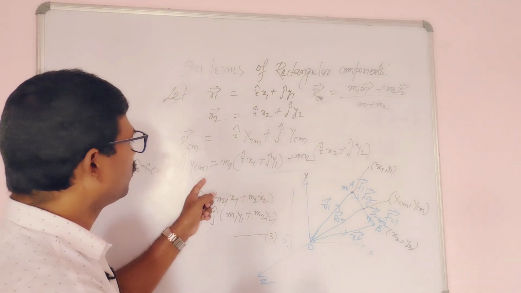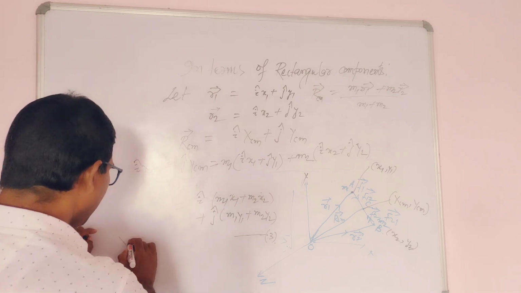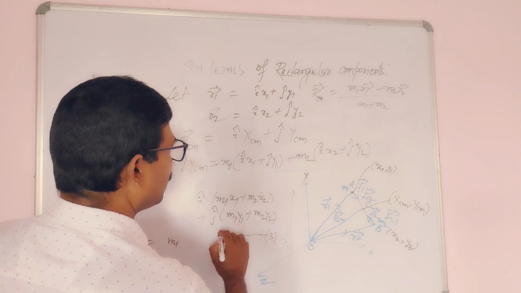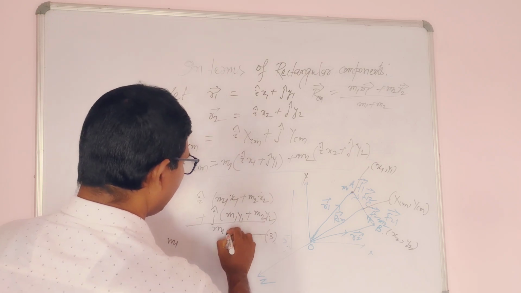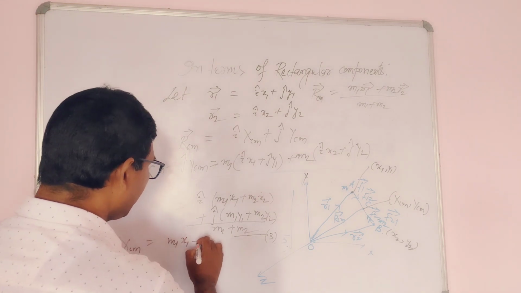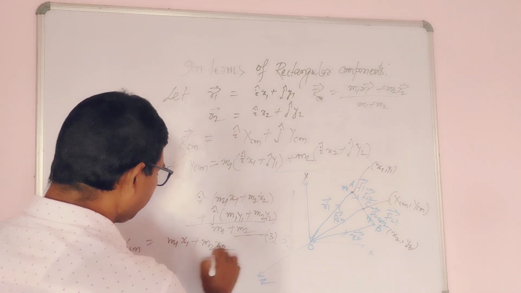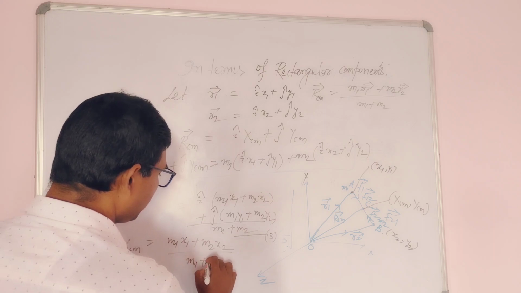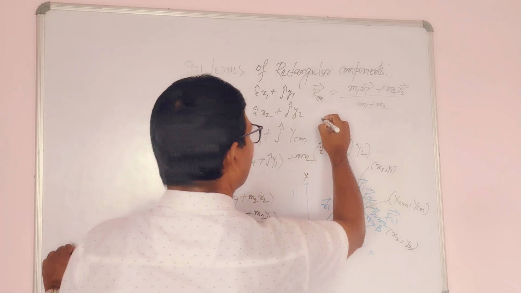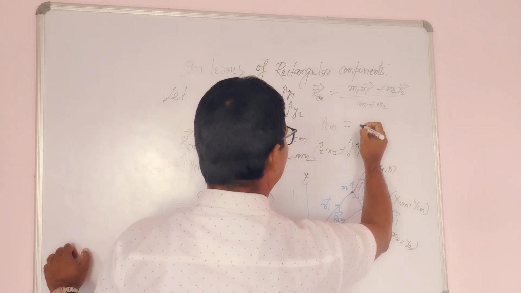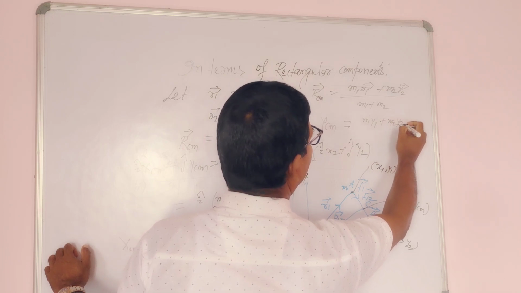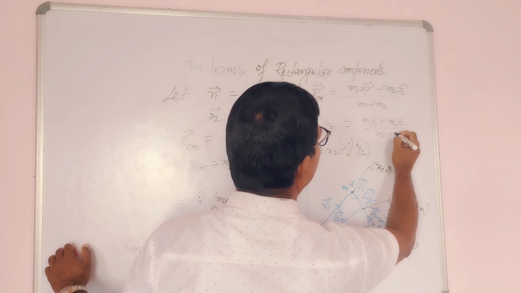Now, comparing both the sides, what are you getting? xcm is equal to (m1 x1 plus m2 x2) divided by (m1 plus m2), equation 4, and ycm is equal to (m1 y1 plus m2 y2) divided by (m1 plus m2).